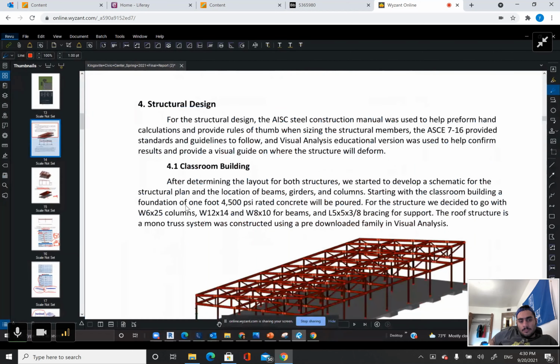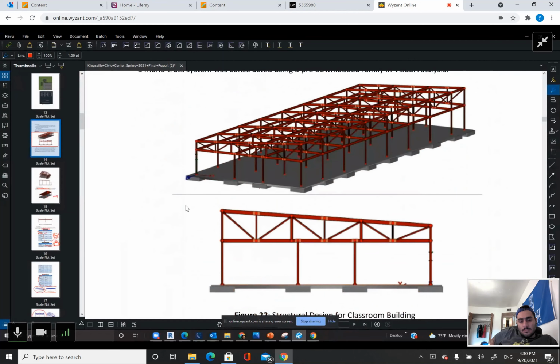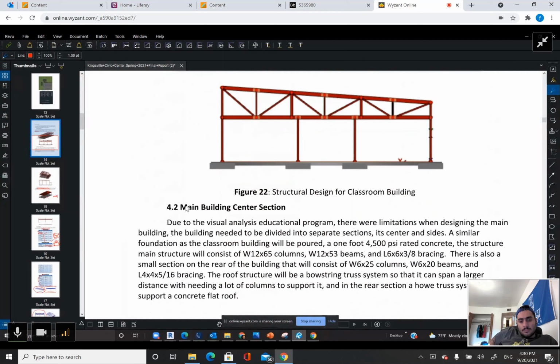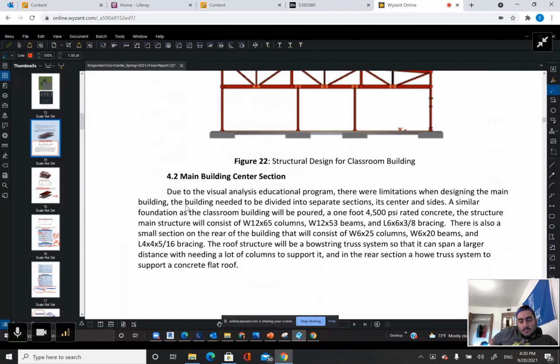Now, W6 column is really tiny. I don't know why they made these decisions without doing a comprehensive structural analysis of the load, the tributary area for each load, and so forth. It seems to me that it's not very well thought out.